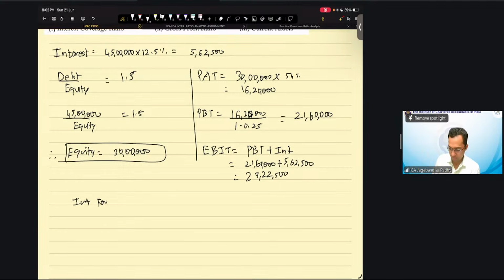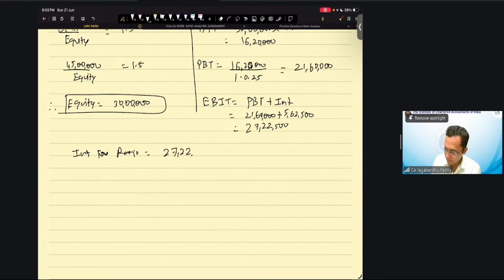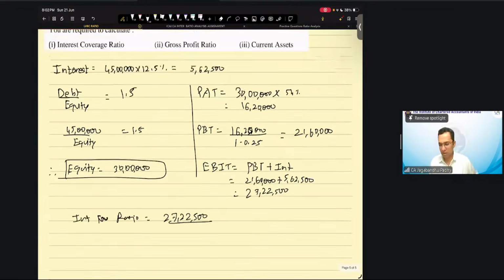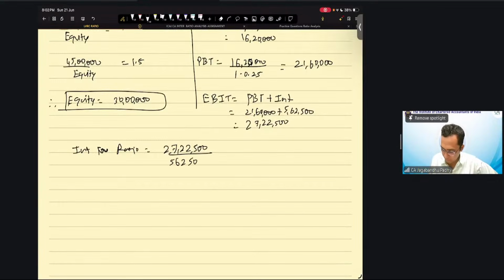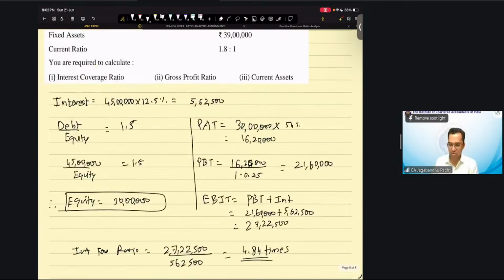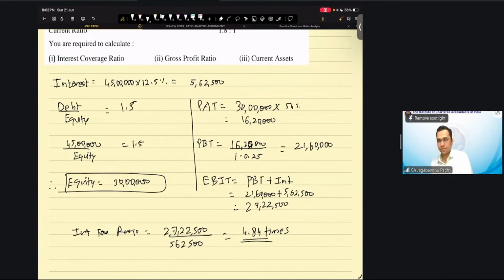Interest coverage ratio is going to be EBIT, 27 lakh 22,500, upon the interest expense of 5 lakh 62,500, which is 4.84 times. That's your interest coverage ratio. Got it?